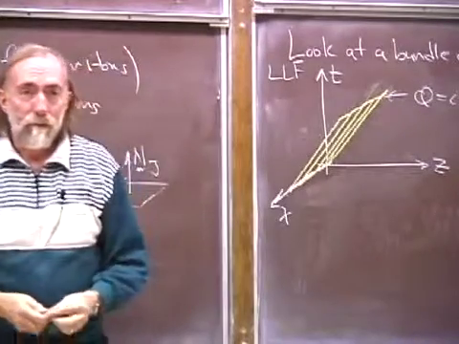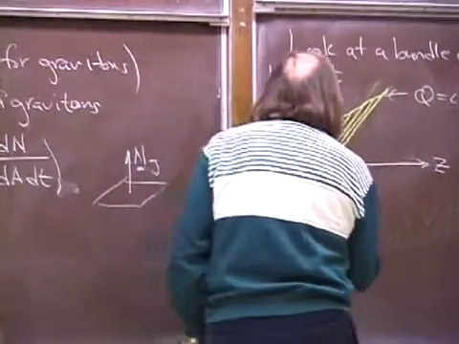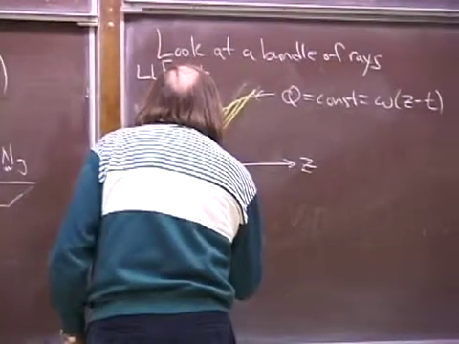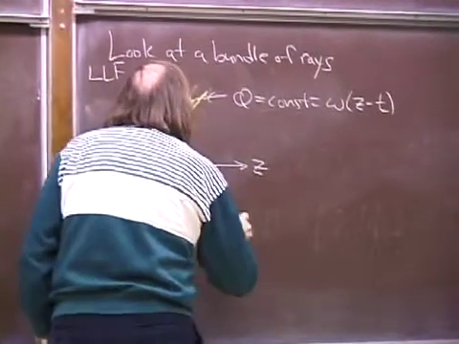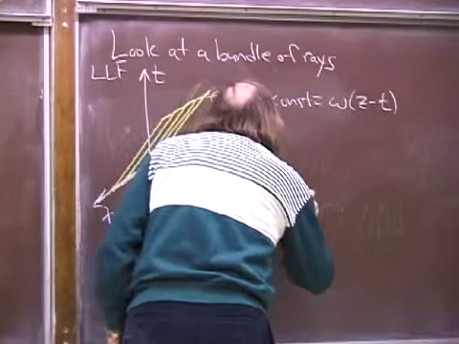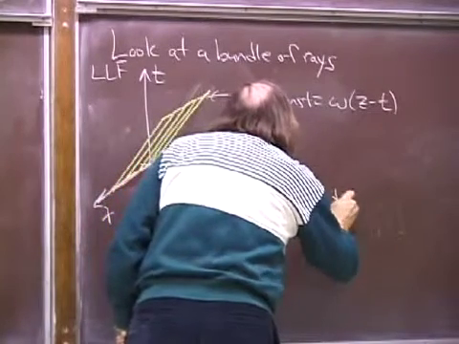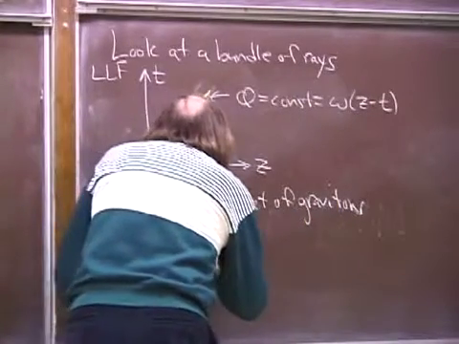Okay. And so we can then just ask ourselves, what is the cross-sectional area of this set of gravitons, or equivalently, of the bundle of rays that I've chosen?